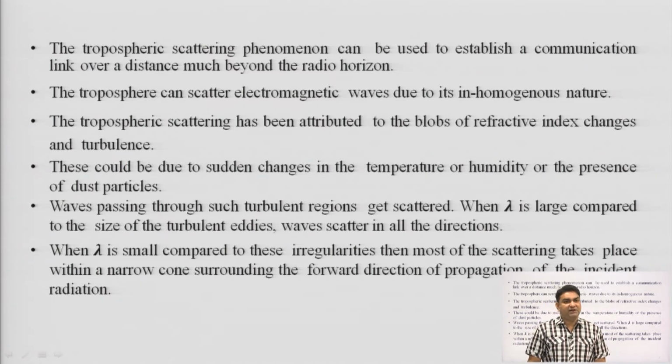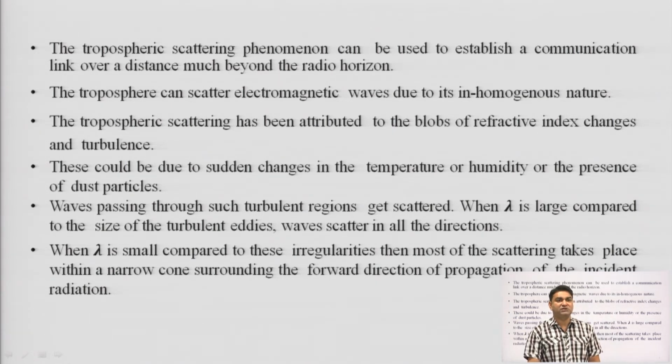The tropospheric scattering has been attributed to blobs of refractive index changes and turbulence. The phenomenon which occurs in the ionospheric mode of propagation is somewhat utilized here as well.